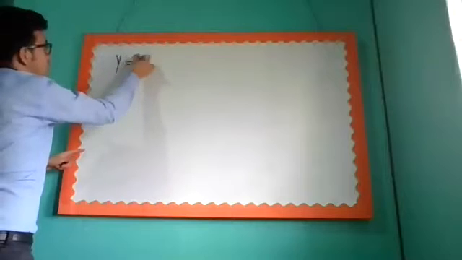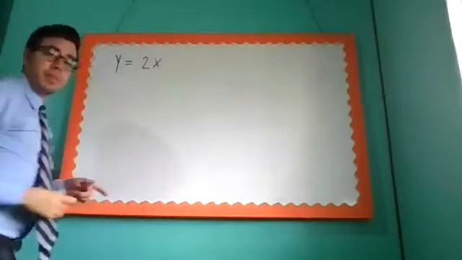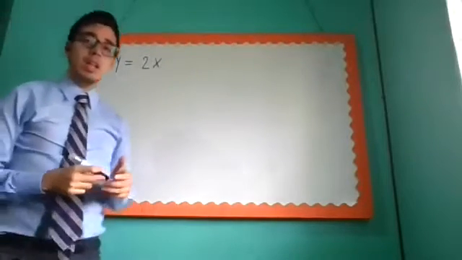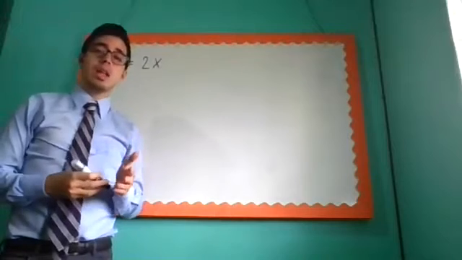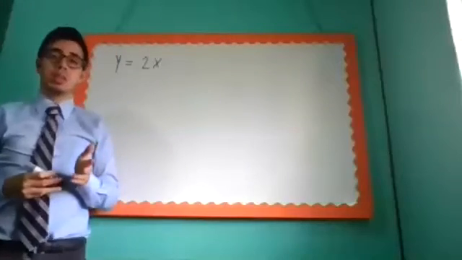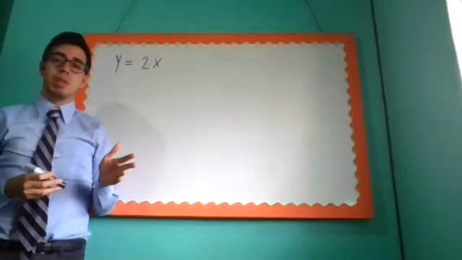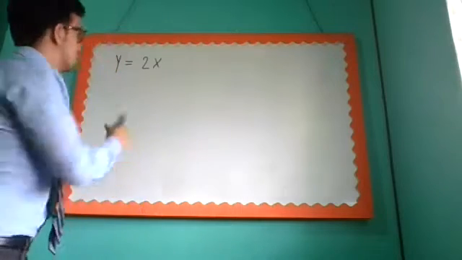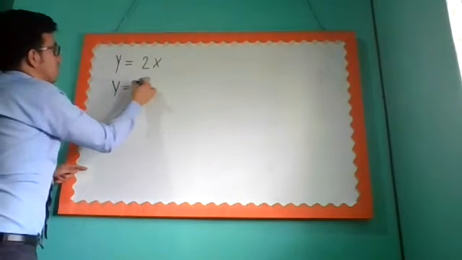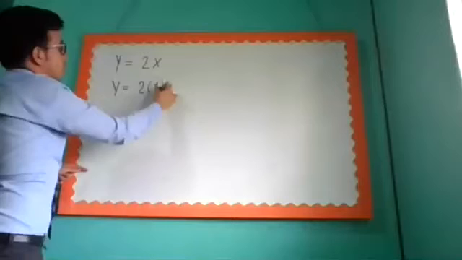So the equation for Brianna is y equal 2 times x. I'm going to represent this on the board so you can see it better. If I use this for a certain time, for example 1 minute, I replace x with 1, so y is equal to 2 times 1.